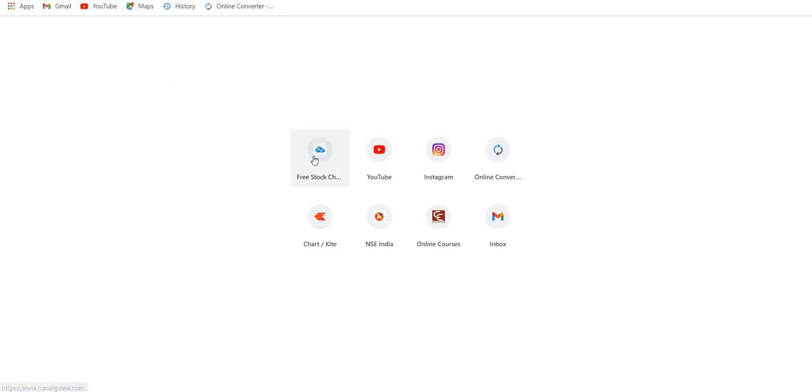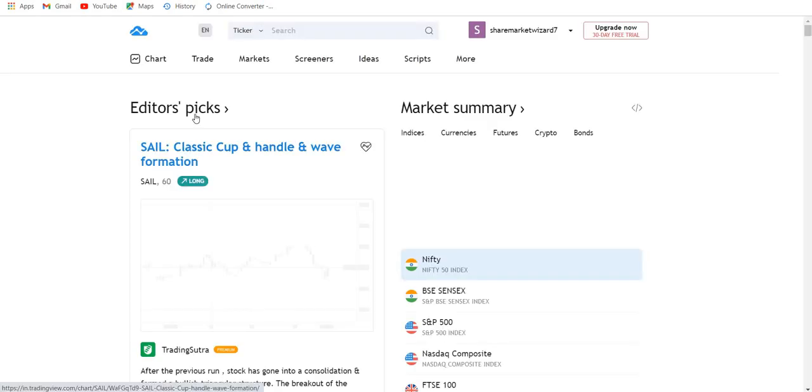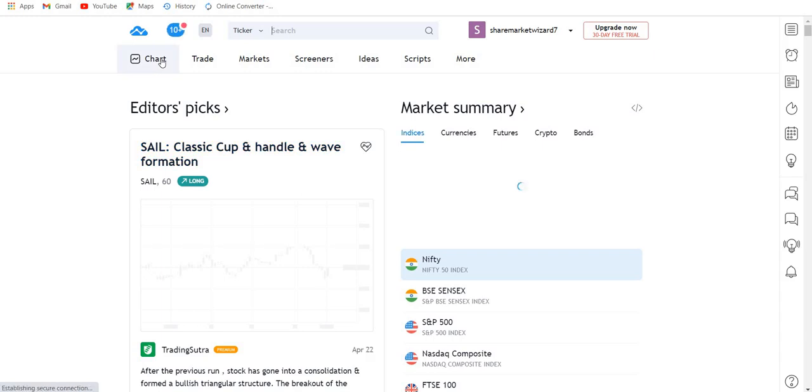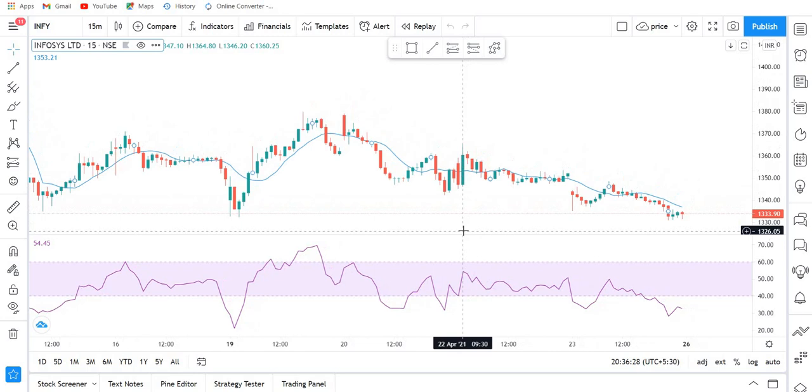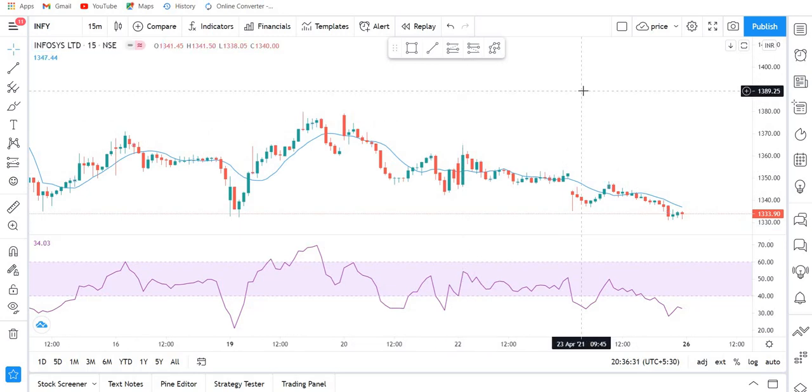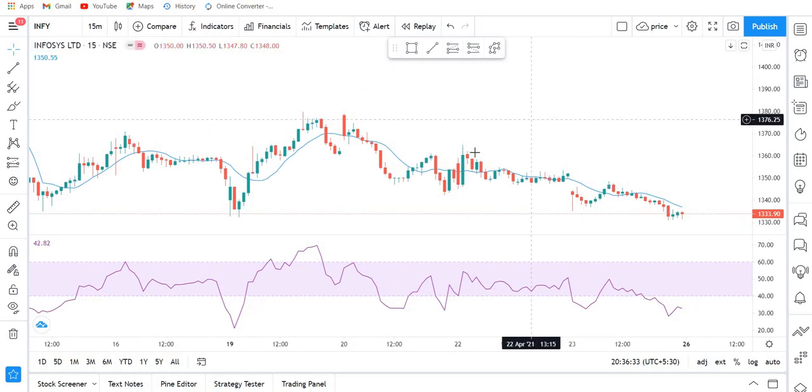So first of all, let's open TradingView. This is tradingview.com and I'll be going into the charts. So yeah, this is the chart of Infosys on the screen right now.